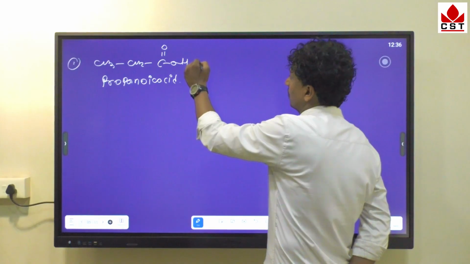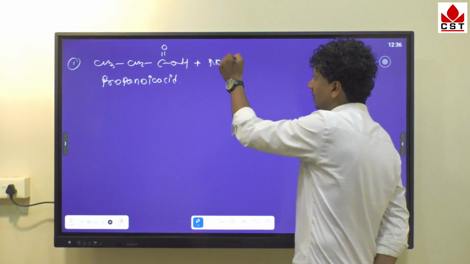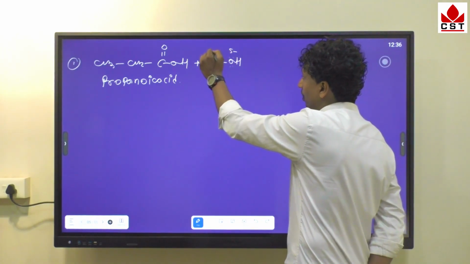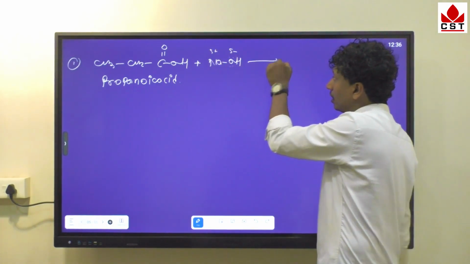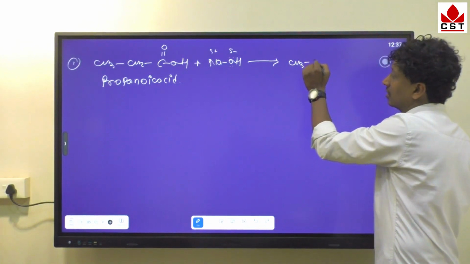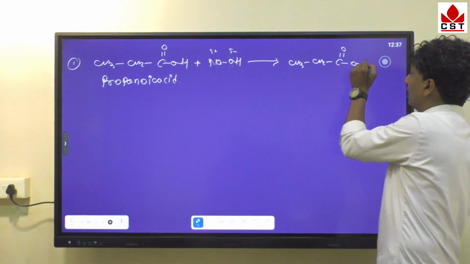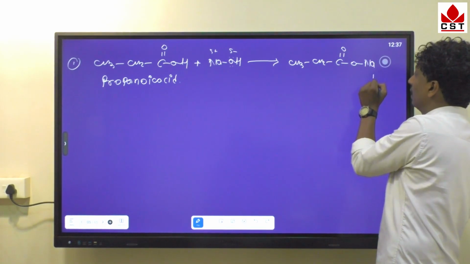Now in the first step of that reaction, treatment of that propanoic acid with sodium hydroxide gives CH3CH2C double bond O, ONa. In the reaction, oxygen contains a lone pair, with delta negative and delta positive.